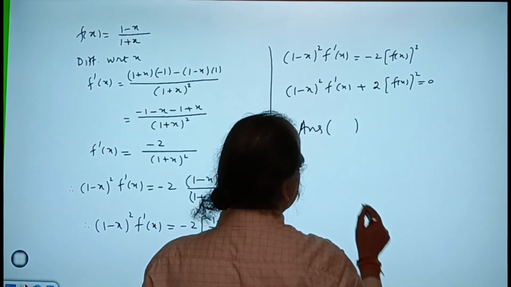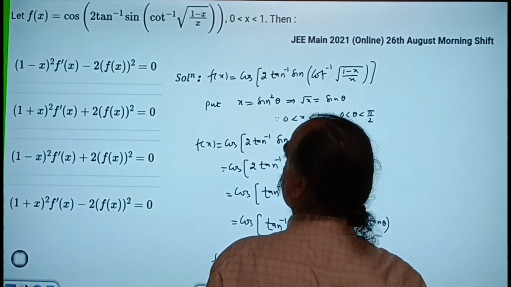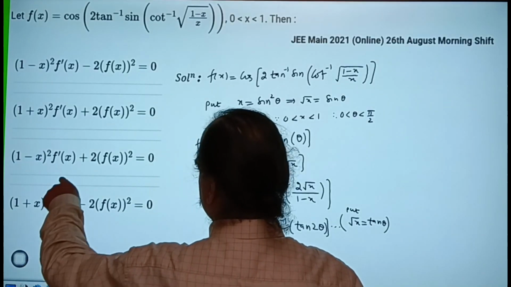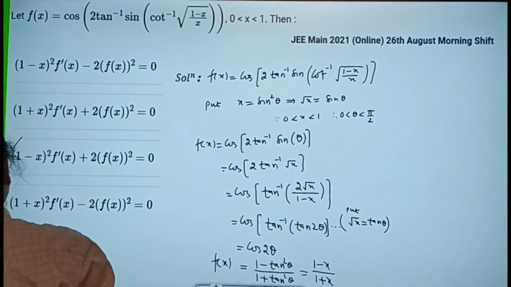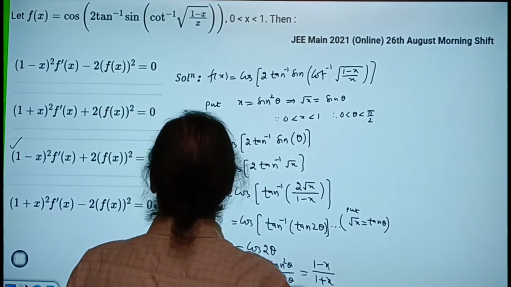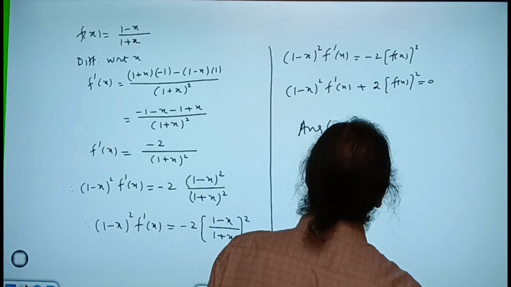Answer is 1 minus x square f dash x plus 2, option C.